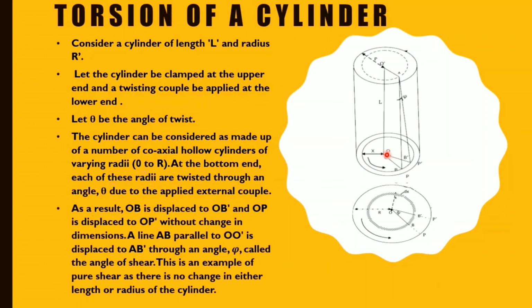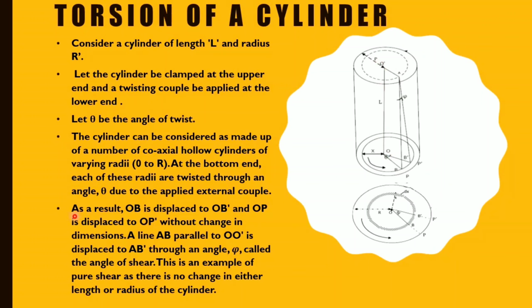Okay. Now, as we are giving this external couple of theta, OB displaces to OB dash and OP displaces to OP dash, and AB is parallel to OO dash.